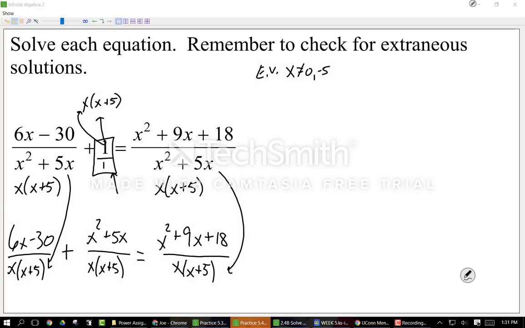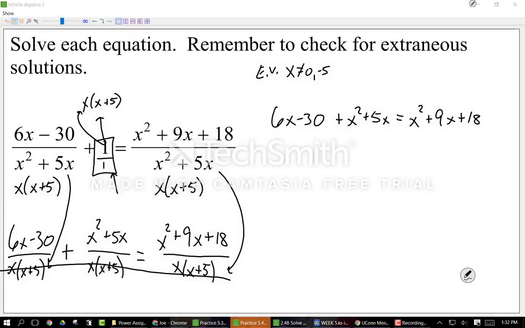So that's step 2, right? And then step 3 now is to cancel denominators, and let's solve. So I have 6x minus 30 plus x squared plus 5x equals x squared plus 9x plus 18.